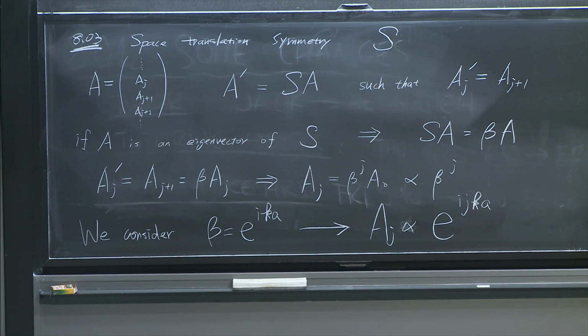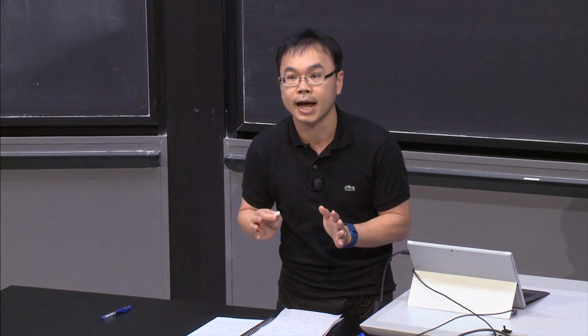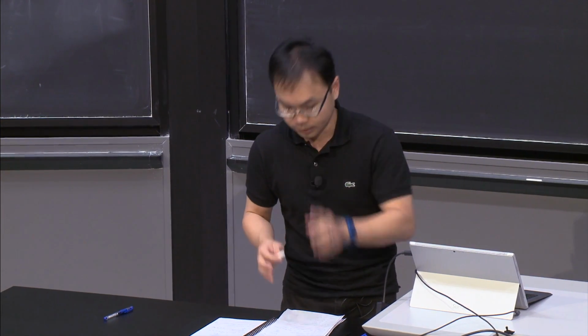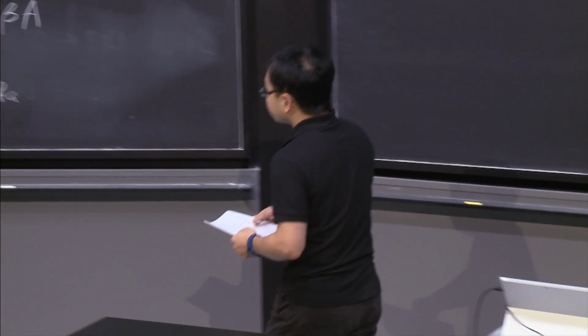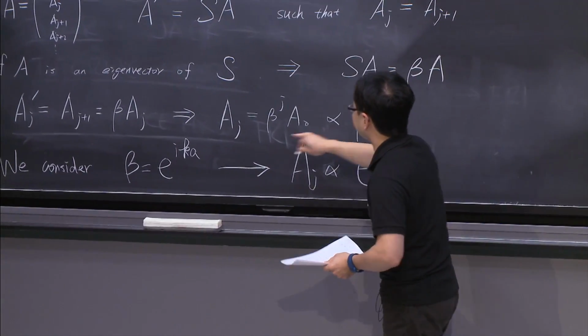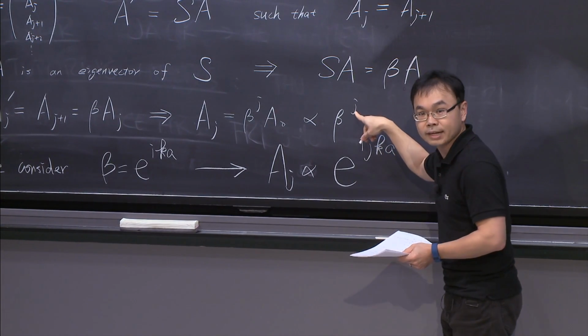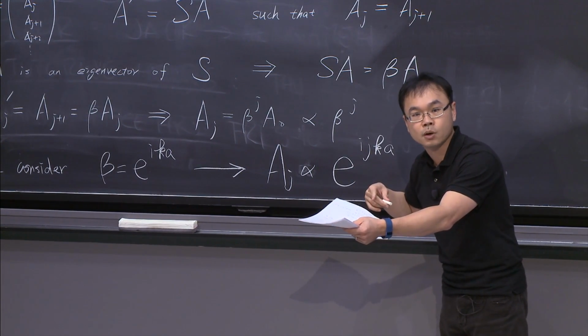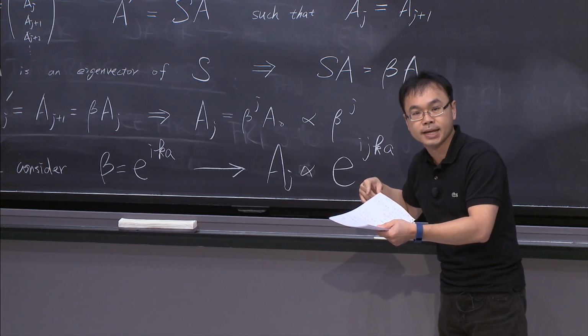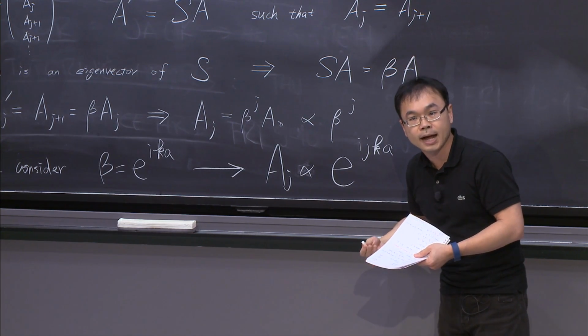In this case, the absolute value of beta is 1. A_j is proportional to beta to the j, so if you take the ratio of A_{j+1} and A_j, the ratio is beta.